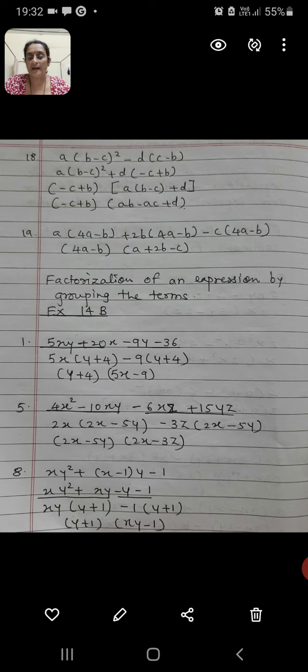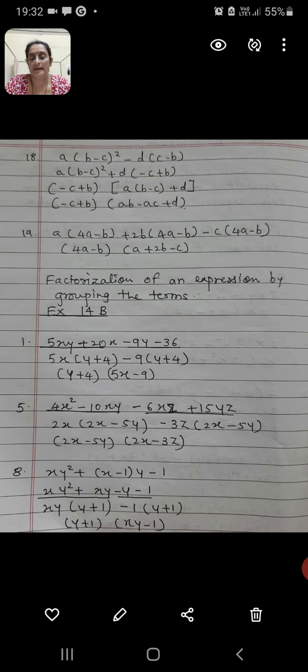Now see both the brackets, one is b minus c and here also minus c and b. So the signs of c and b are equal now. Now we can take it as common. So minus c plus b is common. What is remaining from the first term? a(b minus c) is remaining from the first term, and from the second term only d is remaining.